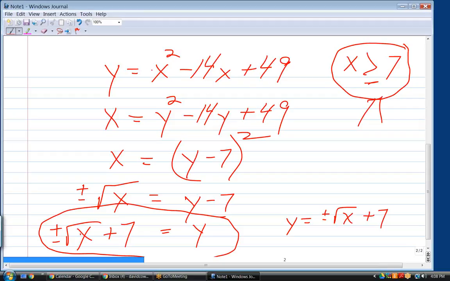Now, if I go back and instead of switching variables first, let's do y equals x minus 7 quantity squared. That wouldn't change anything, no. Well, I think you're right. I'm just not sure what the purpose of stating this domain restriction was.